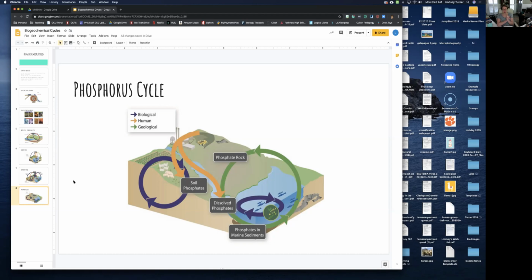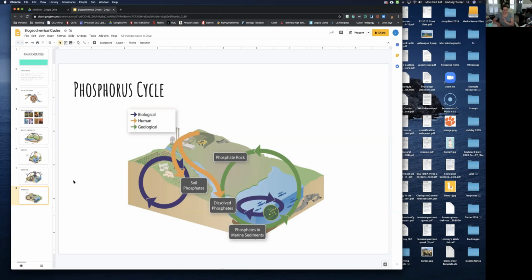So the phosphorus cycle is not happening in the atmosphere, it's all happening basically on land, I guess is the best way to put that. Most of what has to do with the phosphorus cycle is going to deal with erosion and the creation of rocks.